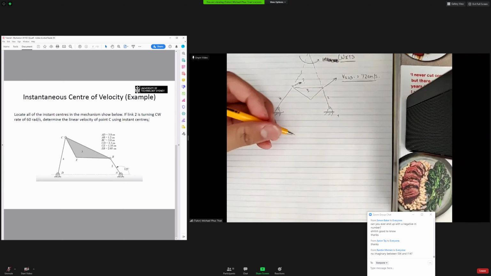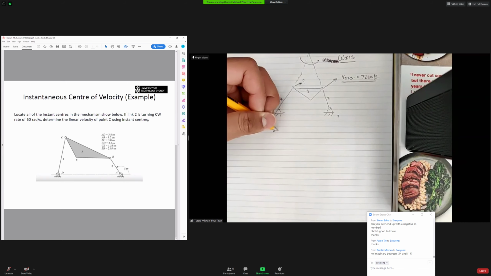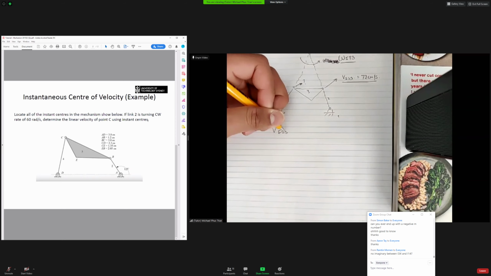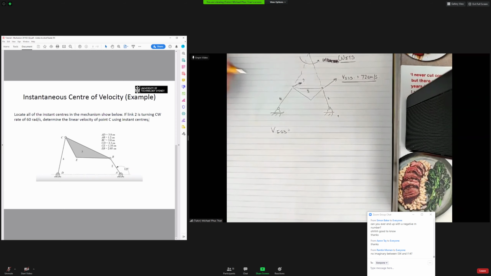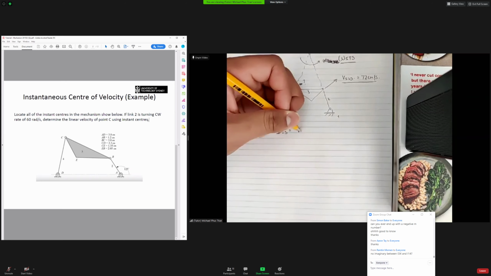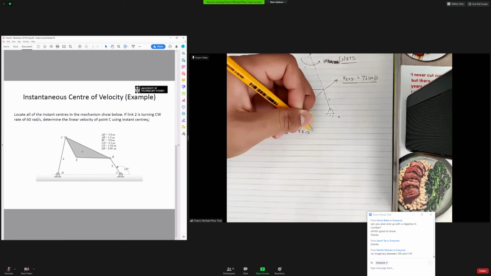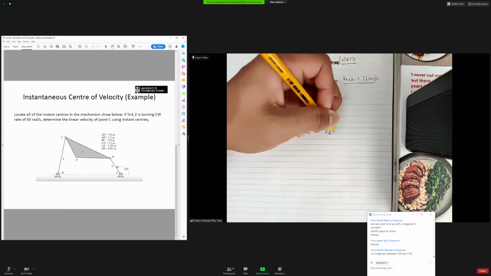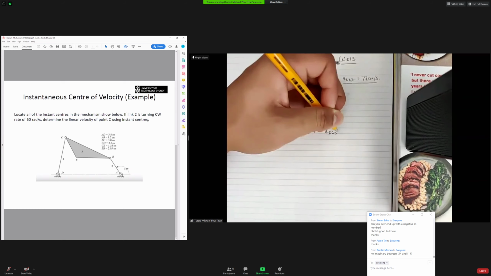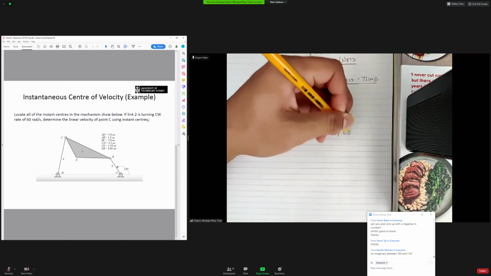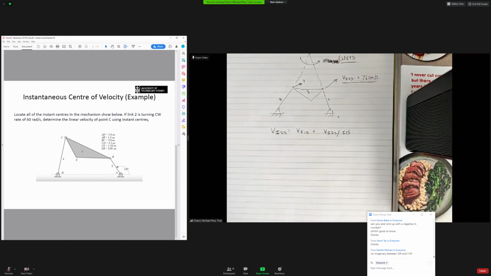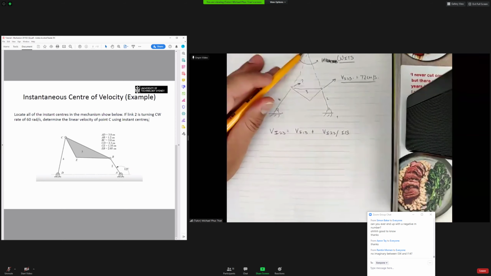So the next step would be VI23 equals VI13 plus VI23 in respects to I13, and this doesn't ever move.